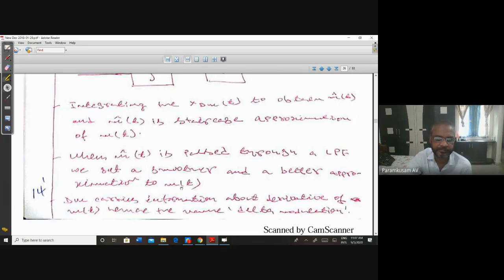Okay, you noted these 2 points. When m cap of t is passed through a low pass filter, we get a smoother and a better approximation to m of t.